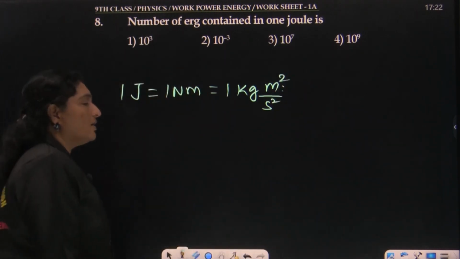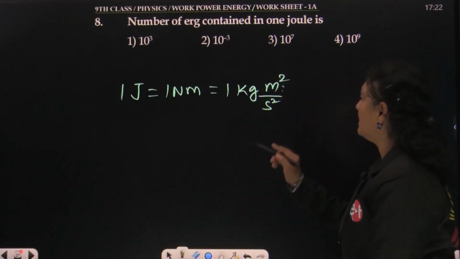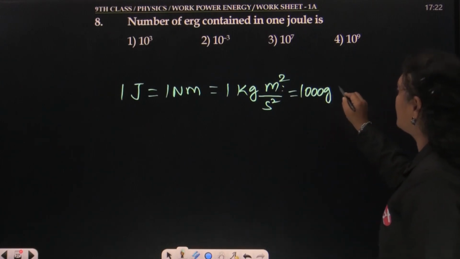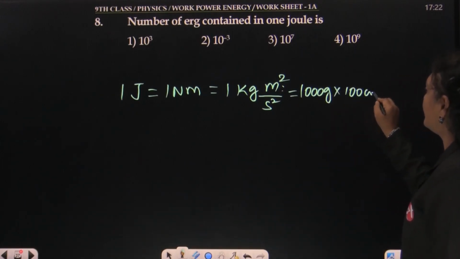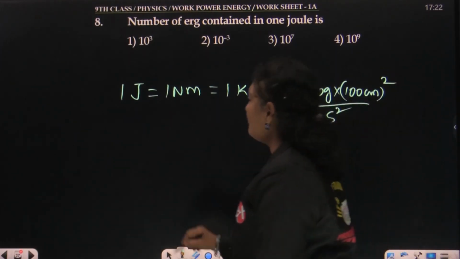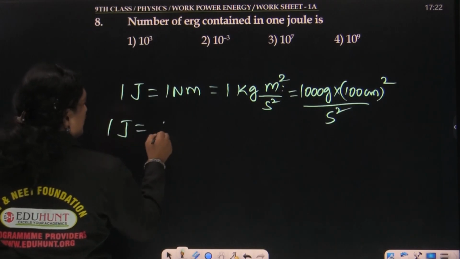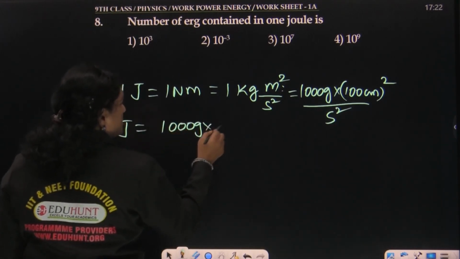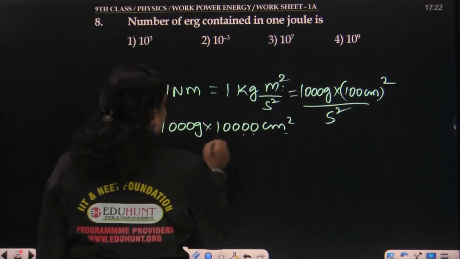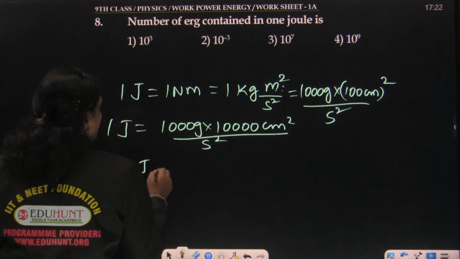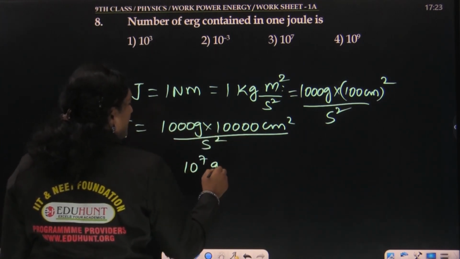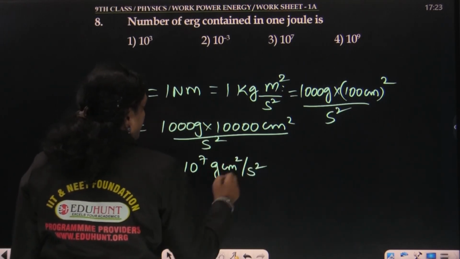But if you want to convert to the CGS system, 1 kg equals 1000 grams, 1 meter equals 100 centimeters, so 100 centimeter whole square upon second square. Therefore, the value of 1 joule is equal to 1000 grams into 100 square, which is 10,000, centimeter square upon second square. Or the value of 1 joule is 10 power 7 gram centimeter square per second square.